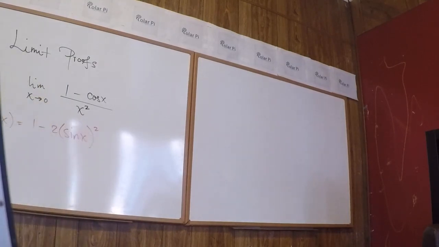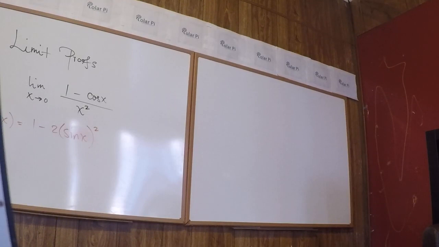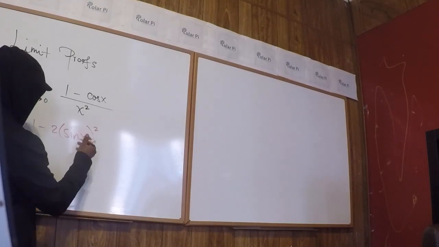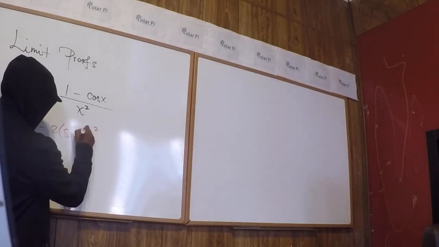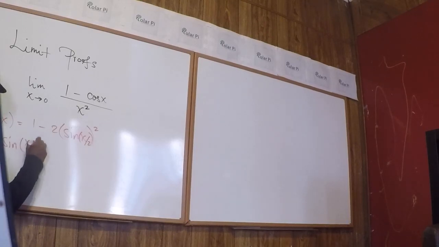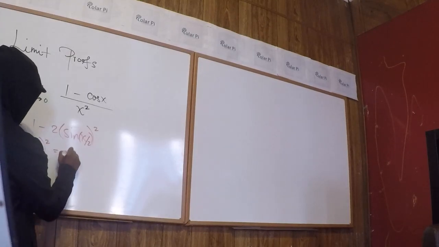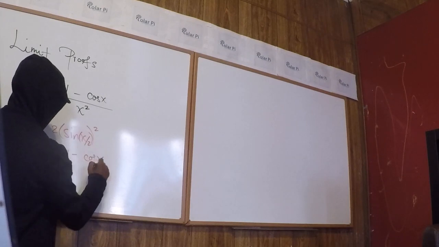Now notice that if I get rid of this 2, then I'd have to write sine of x over 2 in the argument of sine. Second, I could rearrange this equation so that I have 2 times sine of x over 2, whole squared, equal to 1 minus cos x.